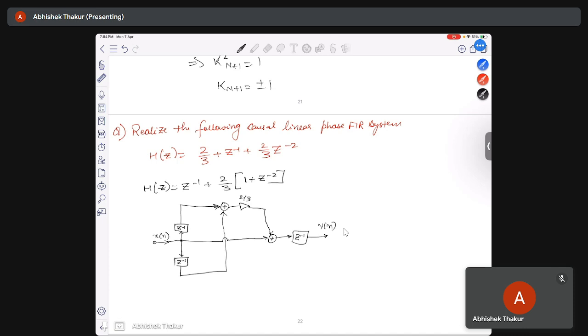Okay. Because it is z inverse plus 2 by 3 z to the power of minus 2 plus 2 by 3.